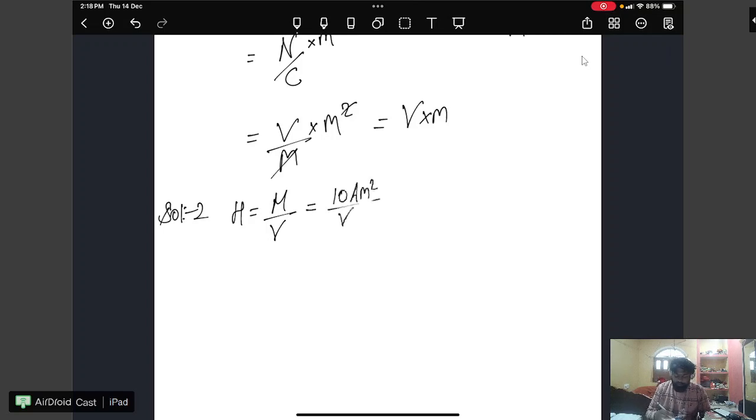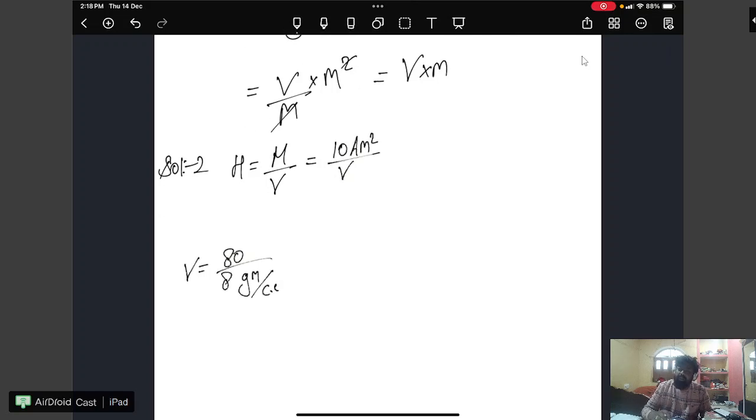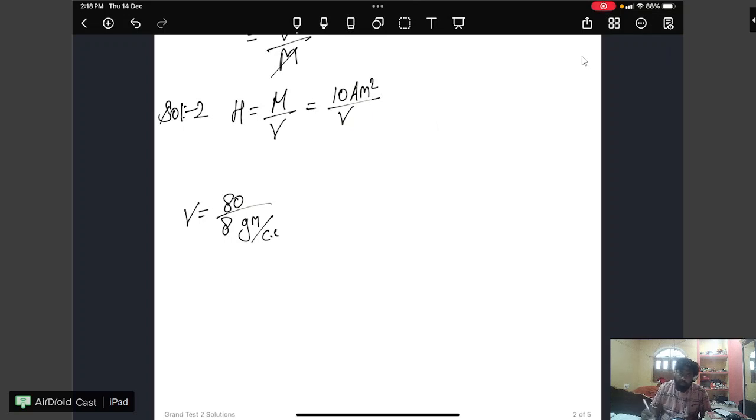So basically we have to find the volume. Volume is mass per unit density. Mass is 80 gram and density is 8 gram per centimeter cube. Gram is okay, but centimeter cube we will change into meter cube.